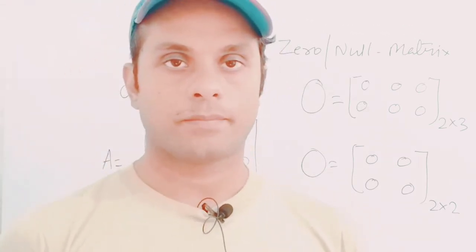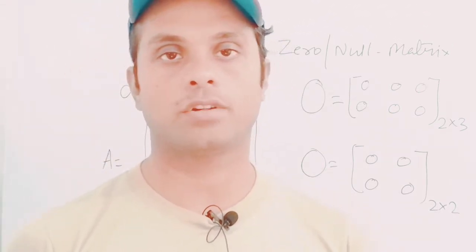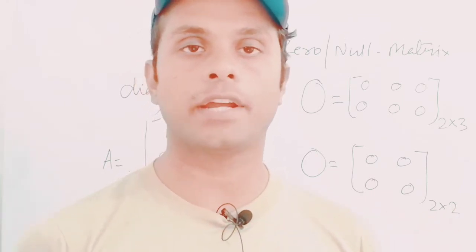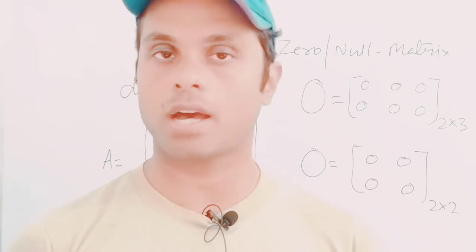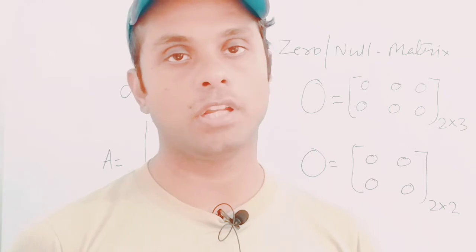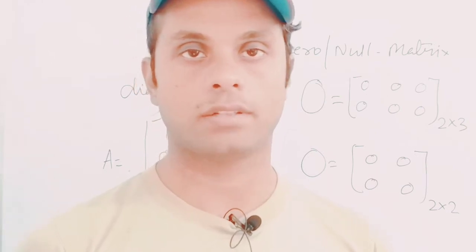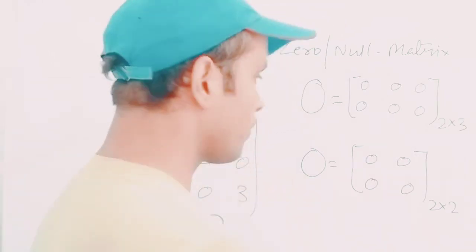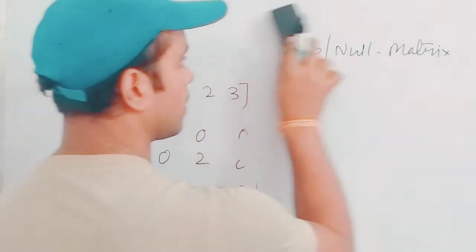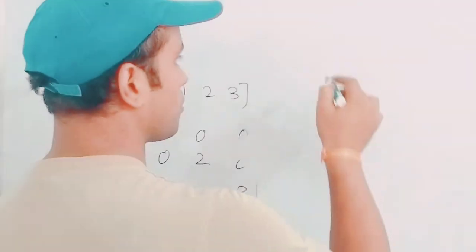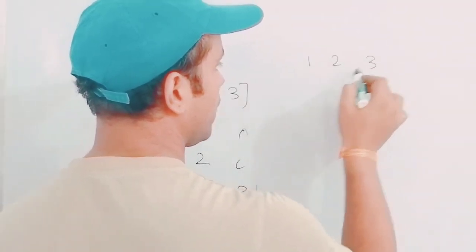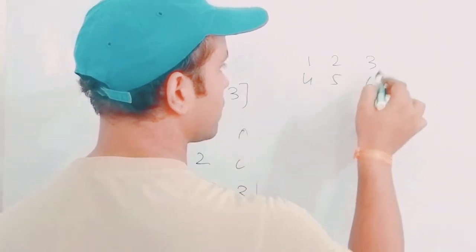Okay, so what is the basic rule? Don't forget this. Matrices of the same order can only be added or subtracted. I repeat it again. Matrices of the same order can only be added or subtracted. For example, suppose this is a matrix 1, 2, 3, 4, 5, 6.